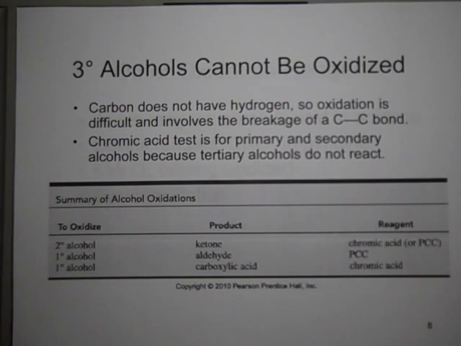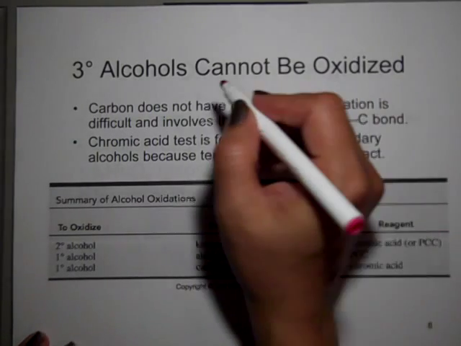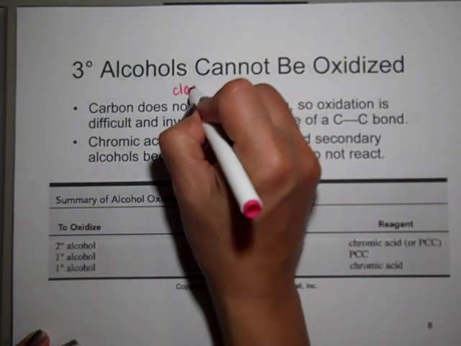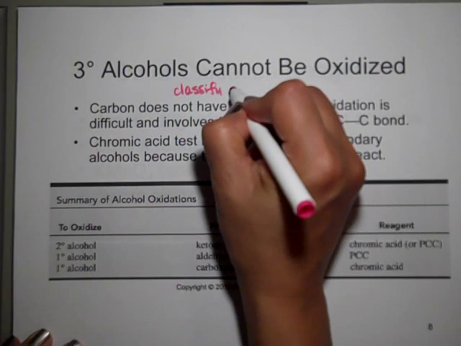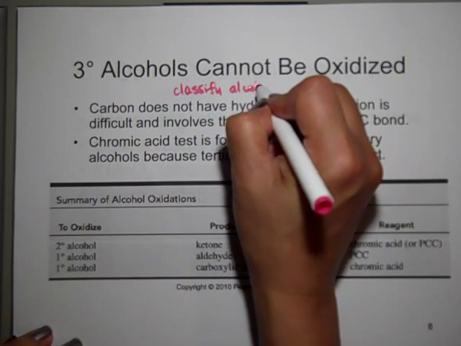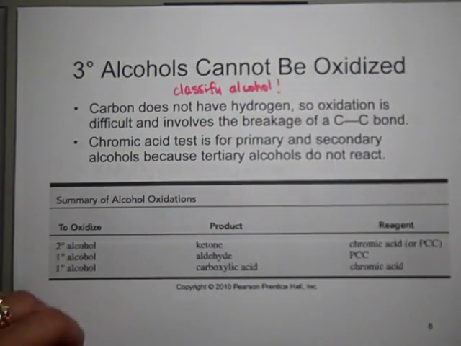Now, tertiary alcohols cannot be oxidized because they don't have a hydrogen attached to the alpha carbon. So that's one thing that I need you to do. You need to classify the alcohol and classify it correctly. So if you see that it has a hydrogen attached to the alpha carbon, it can be oxidized with any of the chromium reagents.